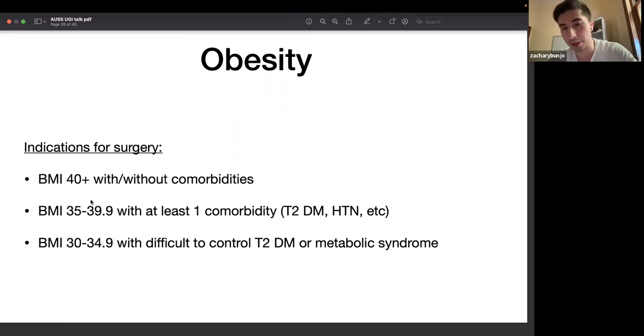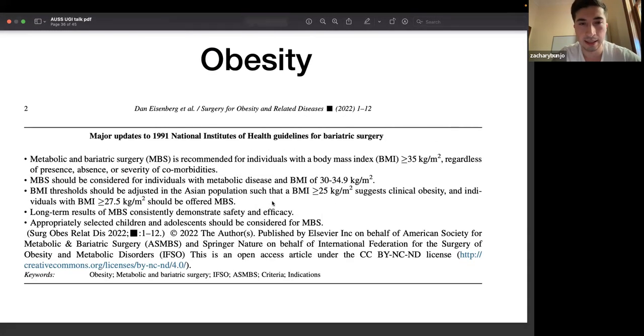So 40 plus with or without comorbidities, they're a potential candidate. 35 to just under 40 if they also have an associated comorbidity related to that obesity, and that stretches out to 30 to 34.9 if they've got quite difficult to control diabetes or a metabolic syndrome associated with their obesity. That's classically the answer that you're given in an MCQ type question.